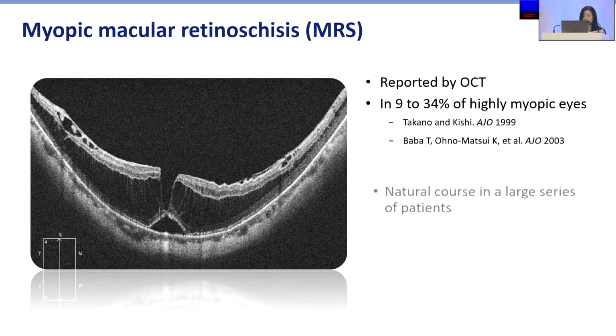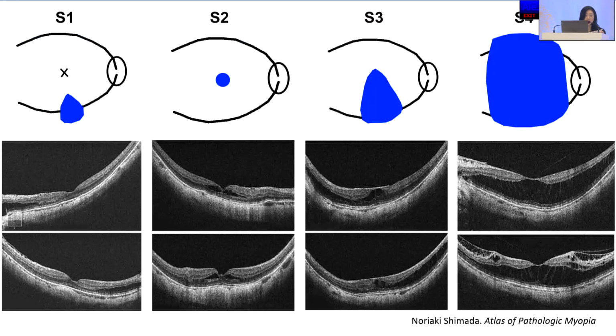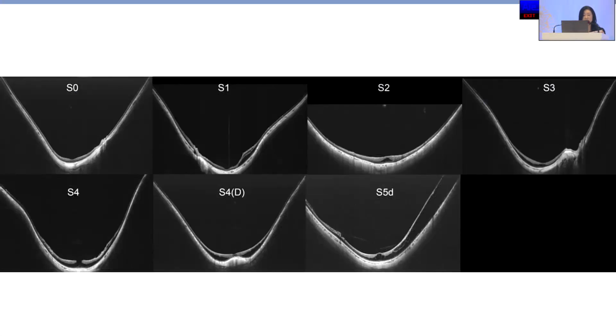Natural course shows that this condition progresses to more serious conditions like macular hole retinal detachment. This is a classification by Shimada and colleagues, and they classified retinoschisis according to the location and extent of retinoschisis. And this is another classification using wider scan of OCT.